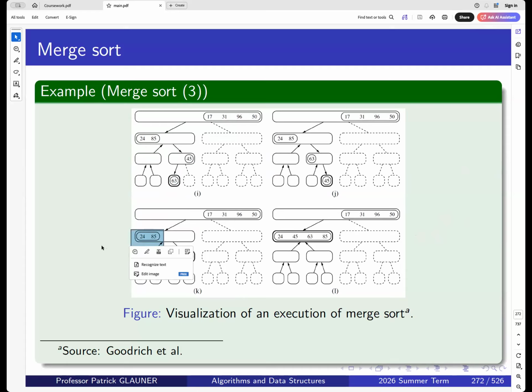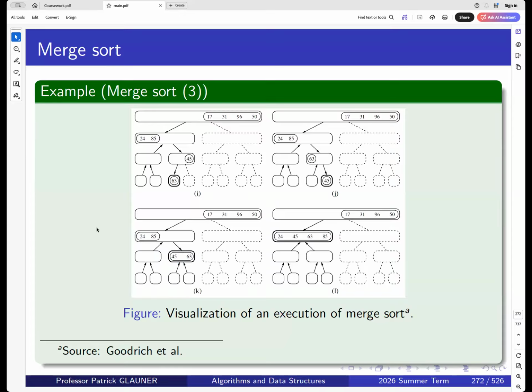Now I have this sublist from before, 24 and 85, which is sorted, and 45 and 63 are sorted. So I can just merge them together, picking the first entry each time: 24, 45, 63, 85.